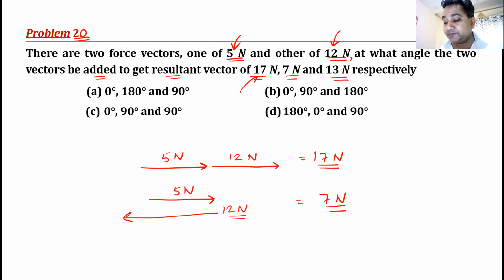Now look at the option. Option A says 0 and 180. In the first case, the angle is 0 degrees because they are parallel. In this case, they are anti-parallel, opposite to each other, so the angle is 180 degrees. So the answer has to be option A and nothing else. Am I clear?